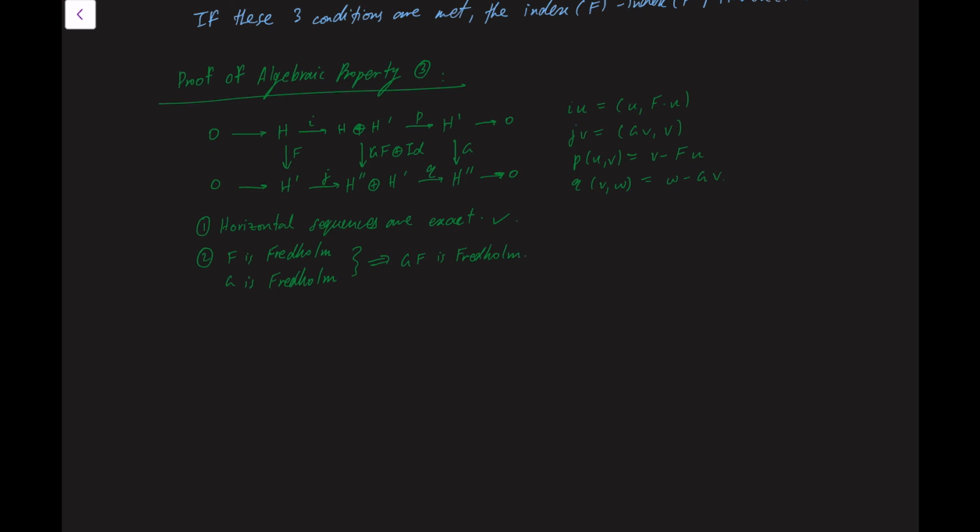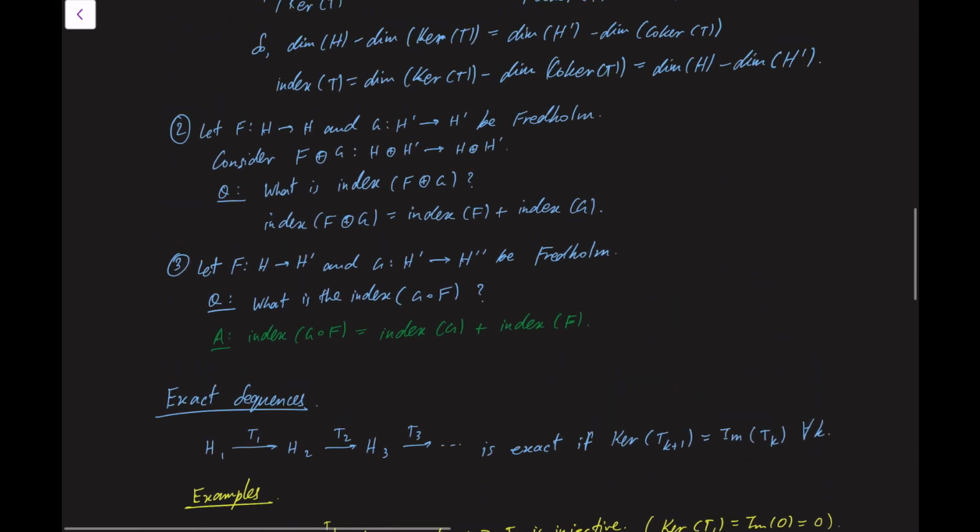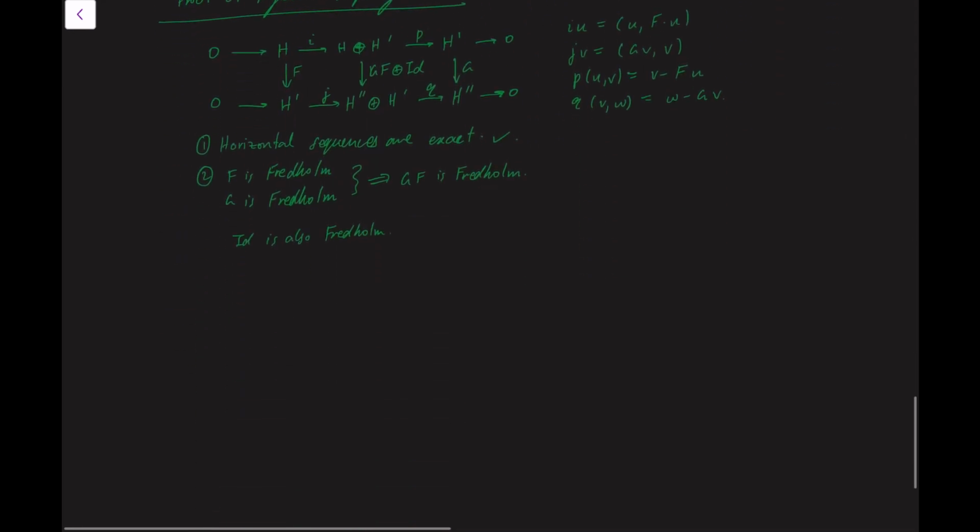We note that the identity map is also Fredholm. The reason for this is that the identity's kernel and co-kernel are both trivial. So that means they both have dimension 0, and so the identity is Fredholm with index 0. So we know by algebraic property 2, up here, that the direct sum of two Fredholm operators is also Fredholm.